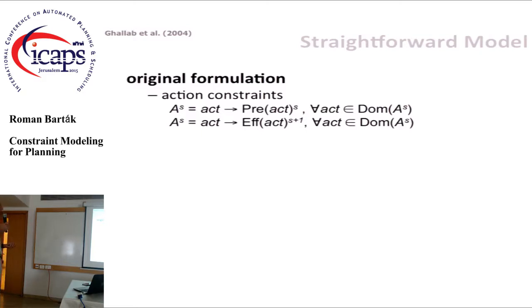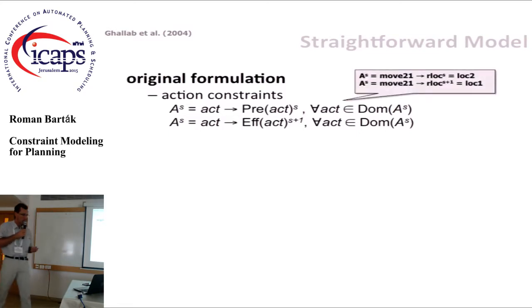What does it mean exactly? So if we have this robot moving problem, we can say if the action variable is move to 1, move from location 2 to location 1, then the precondition is that the location of the robot at the previous layer equals location 2. So this is a variable. This is a constant, okay?